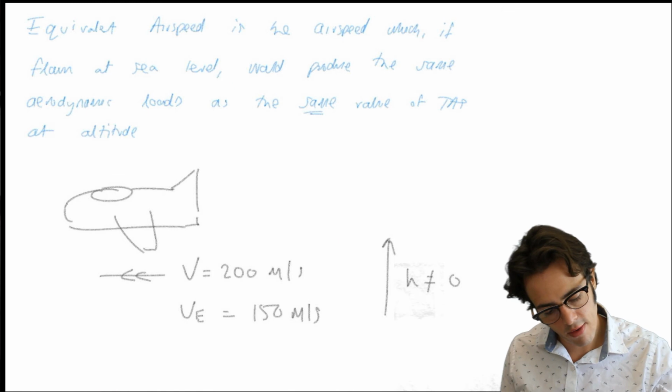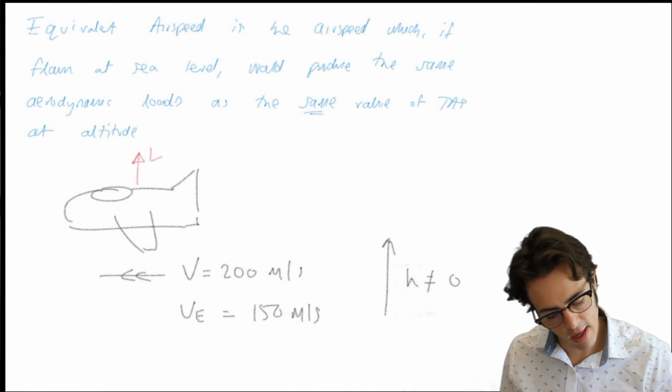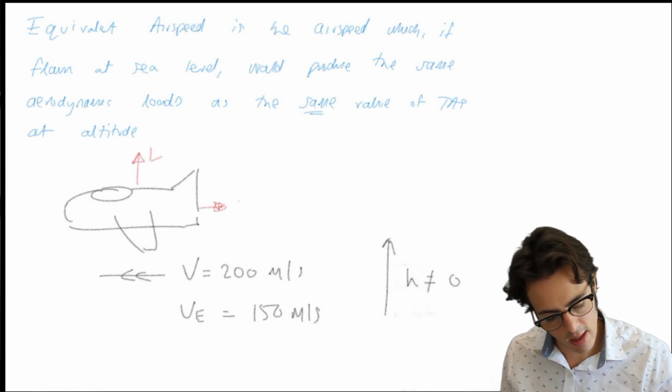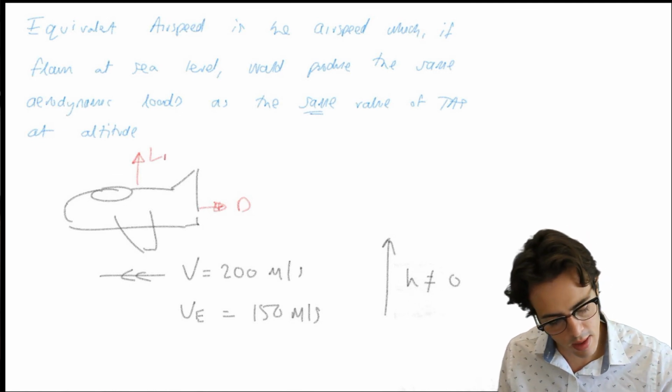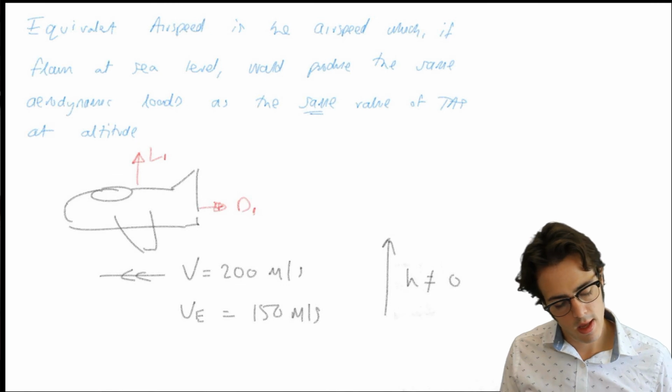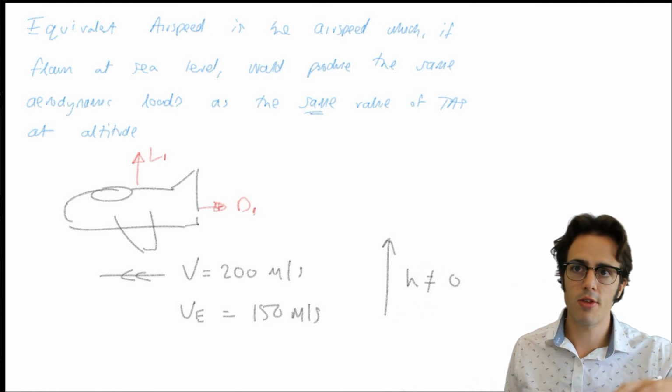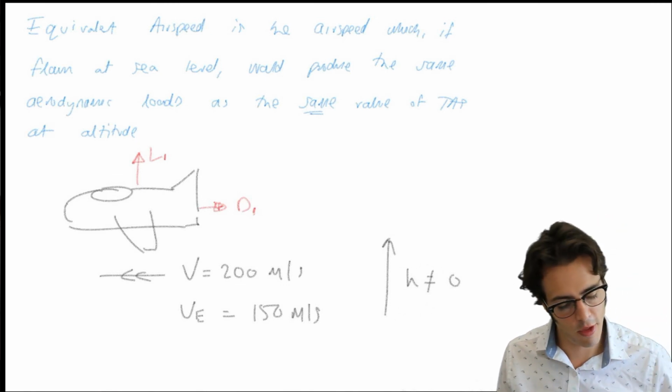So this aircraft is producing a certain amount of lift and a certain amount of drag. Let's call them L1 and D1. So flying at this altitude, which we don't know what it is, it's just any altitude for this particular aircraft.